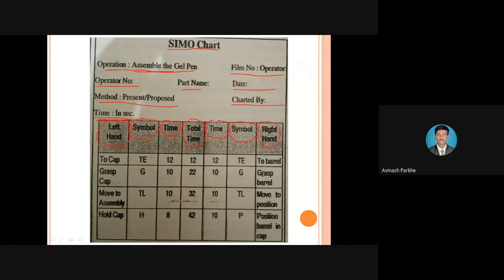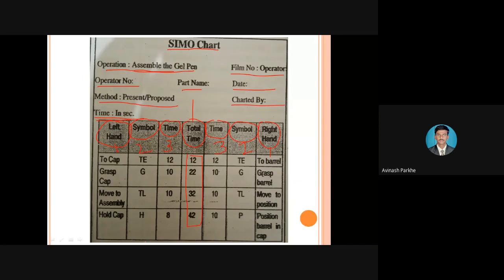That means the first three columns, 1, 2, and 3, are applicable for the movements of the left hand, and the last three columns, again 1, 2, and 3, represent the movements by the right hand. The central column represents the total time required to perform the operation.